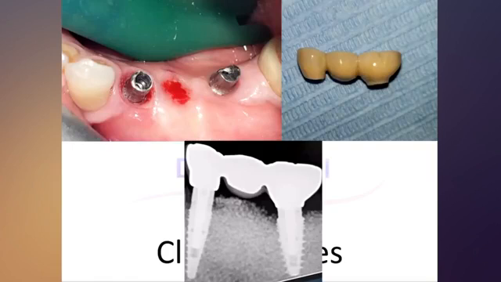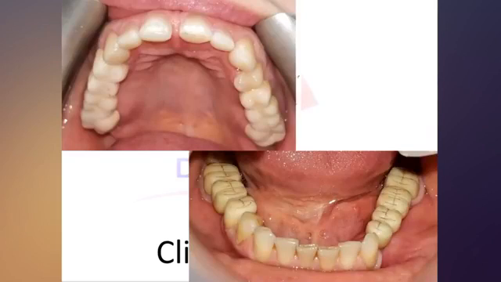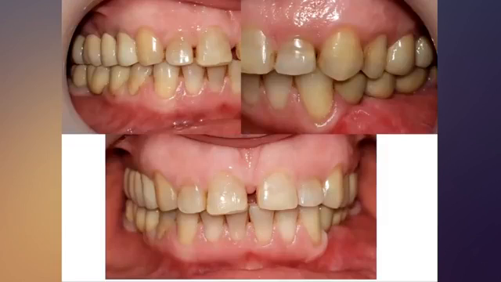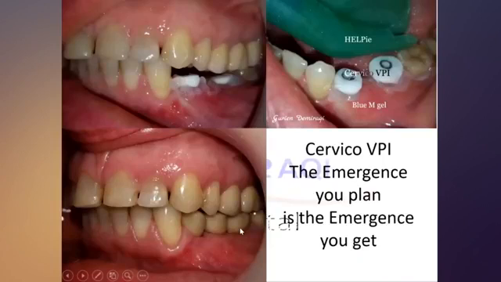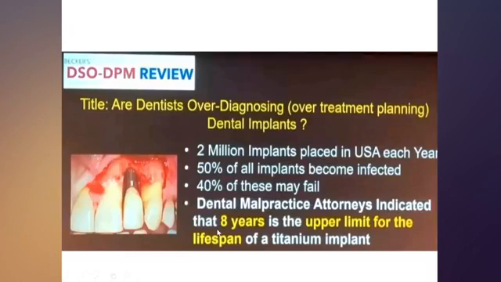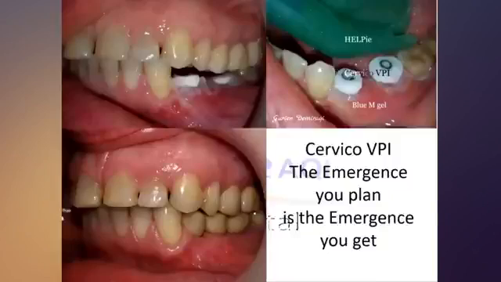This is the 3-unit bridge, as you can see, supported by bone all over it and soft tissues also. And this is then the situation, which also has to improve in the frontal area with bridges to be placed or what the patient would like. But for now, we had to increase dimensions in the posterior sides.